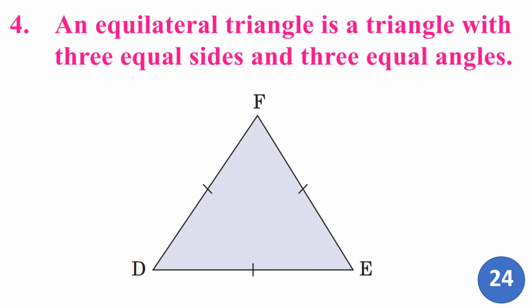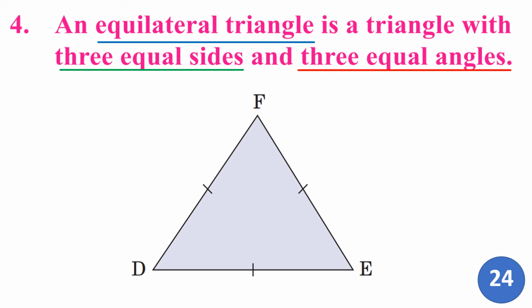Number 4. An equilateral triangle is a triangle with 3 equal sides and 3 equal angles. Again, if you say equilateral triangle, it is a triangle with 3 equal sides, and 3 equal angles also.